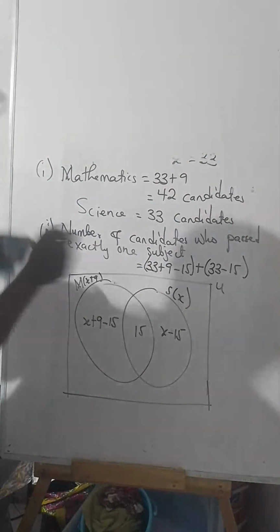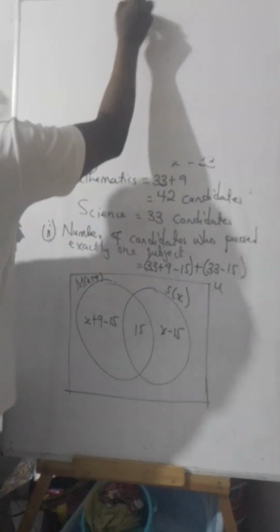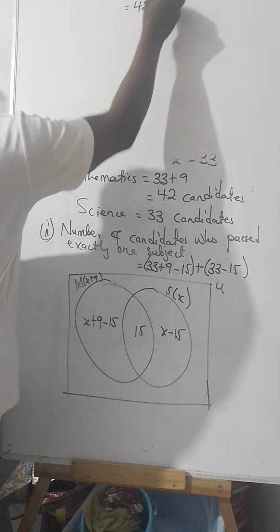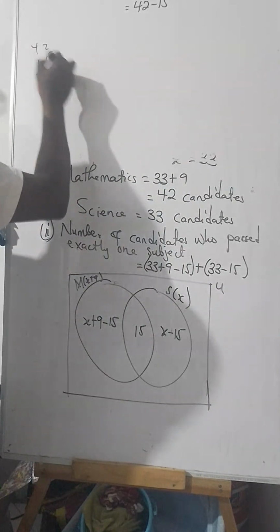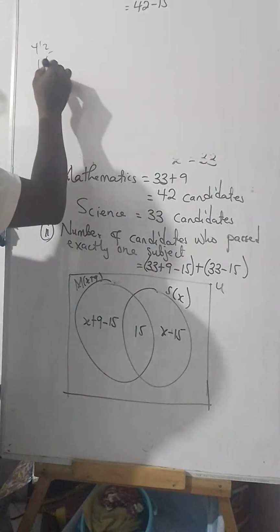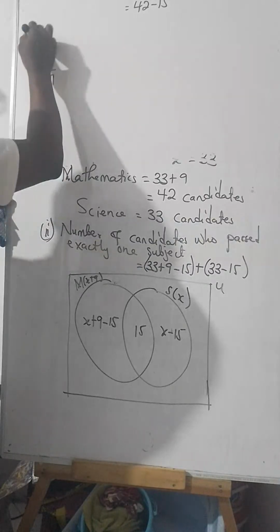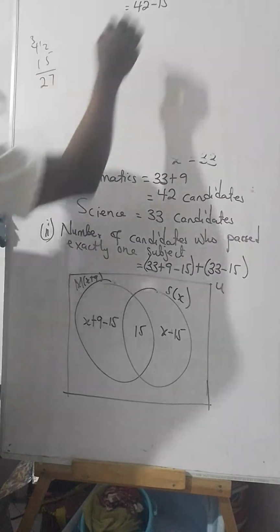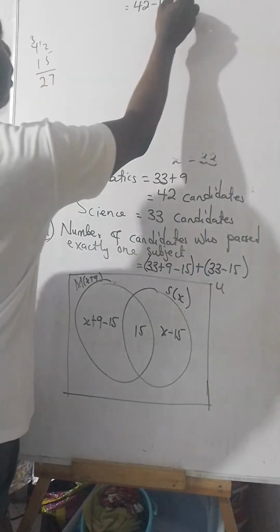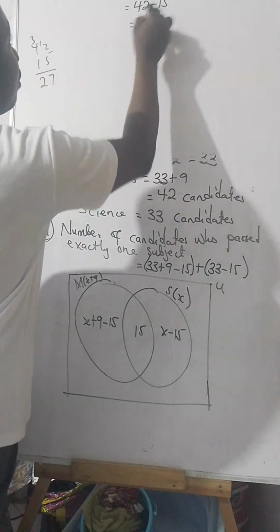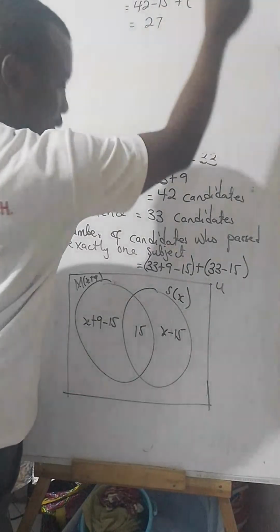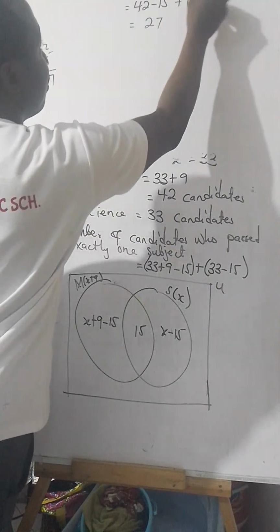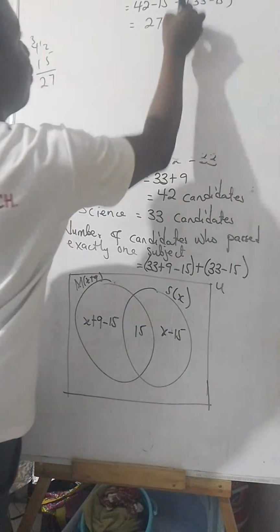Yes, so 42. You get 42 minus 15. So this is 27. Yeah. Then you have the plus your 33 minus 15.